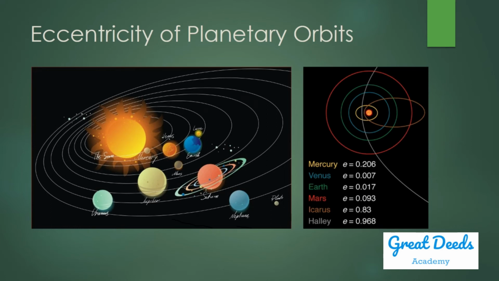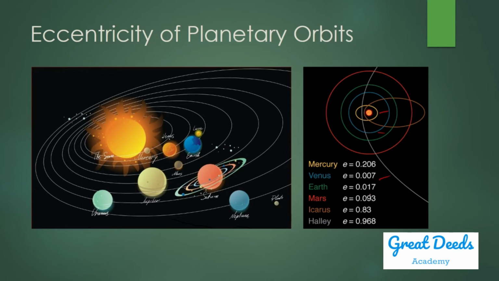Now look at the orbit of Mercury. The orbit of Mercury is an ellipse whose eccentricity is 0.206. Now compare that with the orbit of Venus. Venus is the blue orbit. So between Venus's and Mercury's orbit, Venus's orbit is almost like in the shape of a circle.